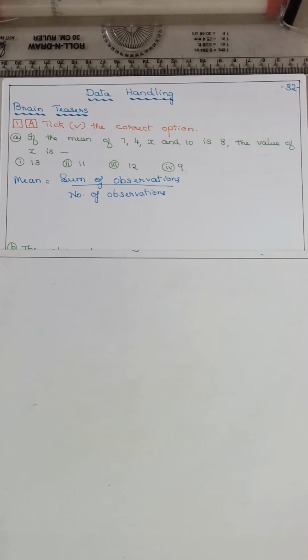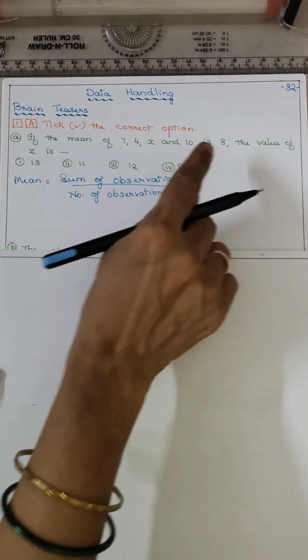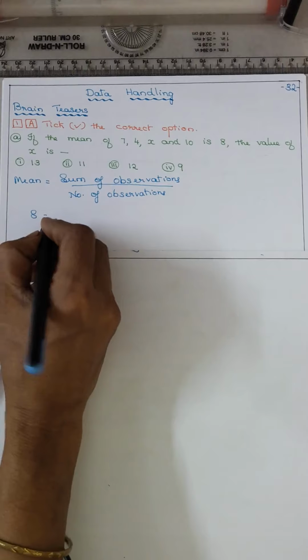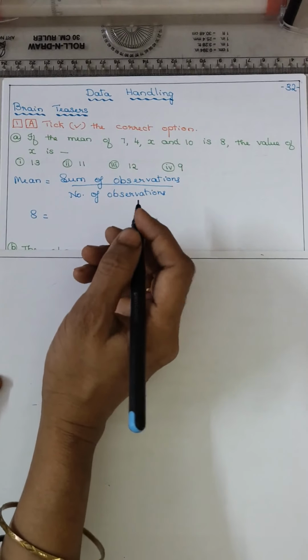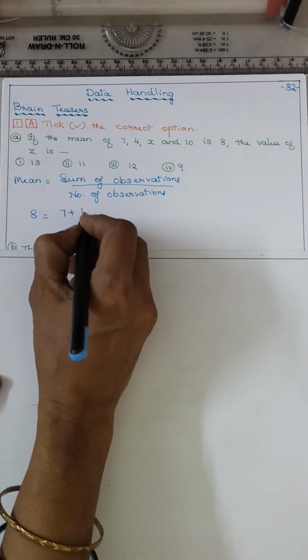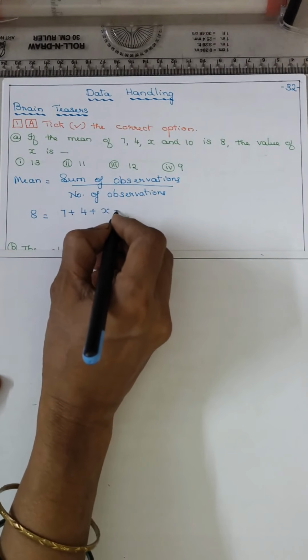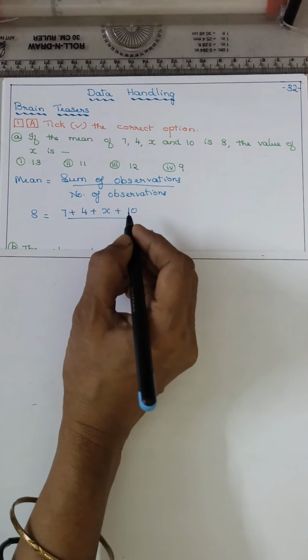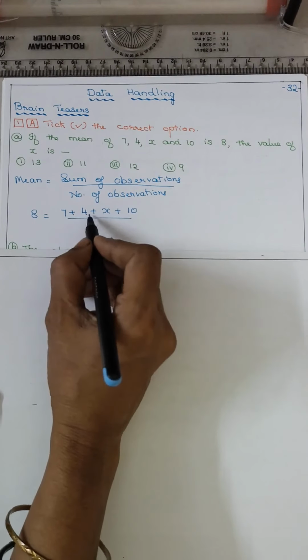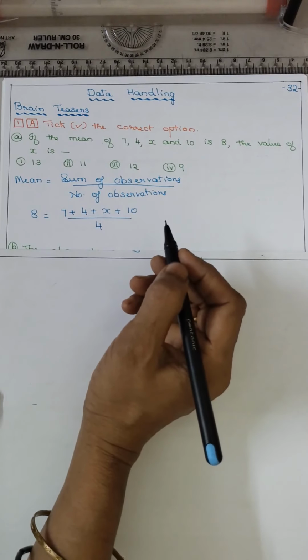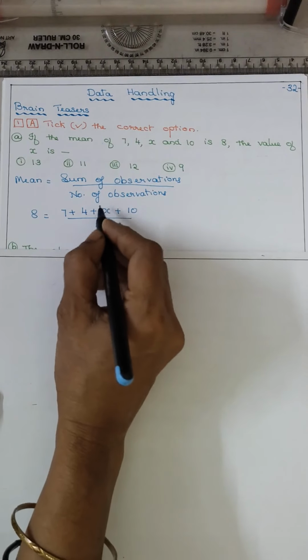So mean is already given, mean is 8. Sum of the observations, add all these, 7 plus 4 plus x plus 10, upon how many observations are there? 1, 2, 3, 4. Okay, so now we have to find out x.